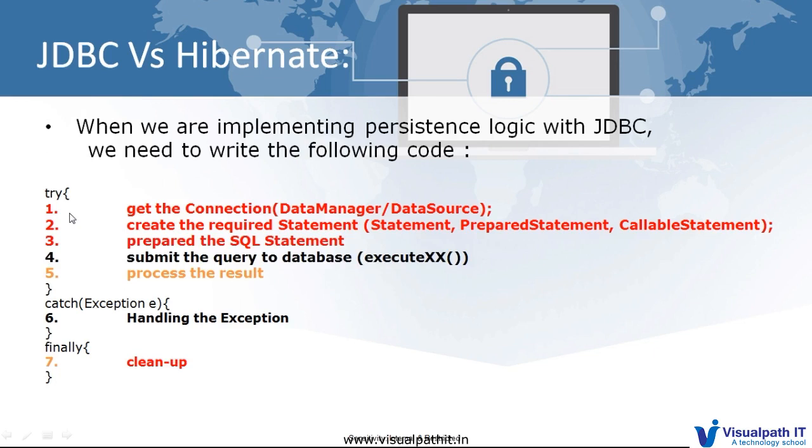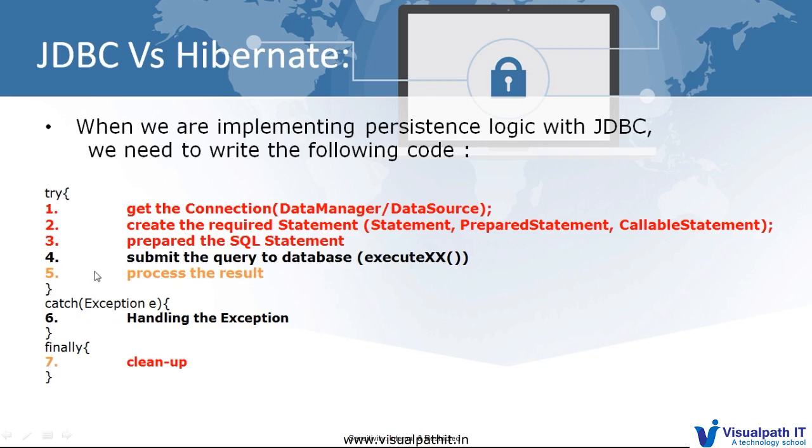When we write any database connectivity code, we have to write these 7 steps. First we get the connection, either from the driver manager or the data source. After that we create the required statement. After that we prepare the SQL statement. After that we submit the query, then process the request.